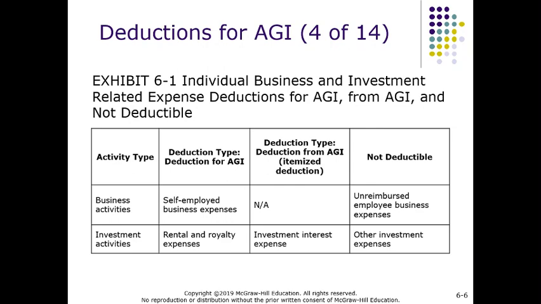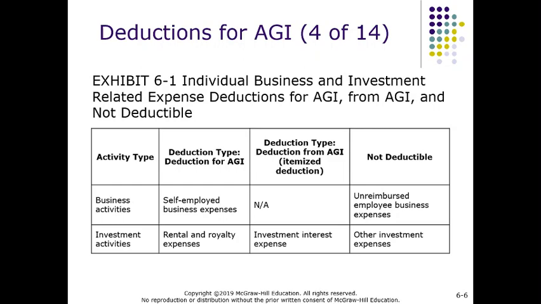And so, with the exception of rental and royalty activities, which are investment activities, rental and royalty activities are treated the same way as business activities, and thus both business activities as well as rental and royalty activities are both for AGI deductions, the expenses related to those things.